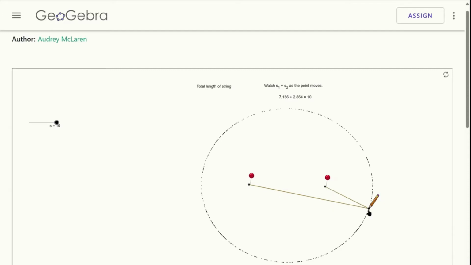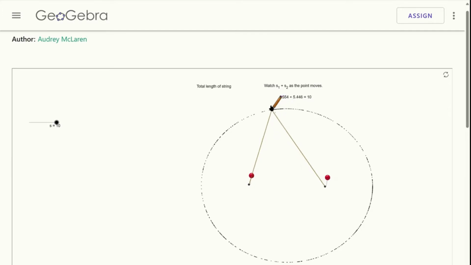Notice the length of each of those pieces changes, but the total distance between the point and the two focuses remains constant. We're going to look at another interactive because we want to look at two basically important points. One right there, when the pencil falls on the vertex, one of the two vertices, and then also when it falls on one of the co-vertices here.